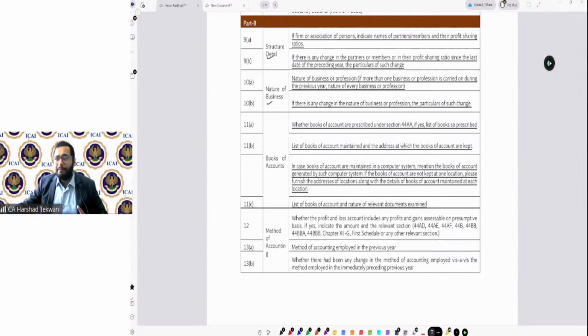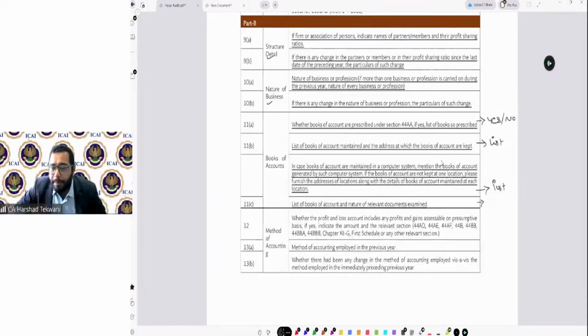So first, whether it is prescribed, yes or no, and whether you are maintaining those books of accounts or not, is required to be reported here. Second, if yes to the first, then the list of those books of account. If they are computerized, then the list of books of account. And fourth talks about what books of accounts or documents you have examined for the purpose of audit.